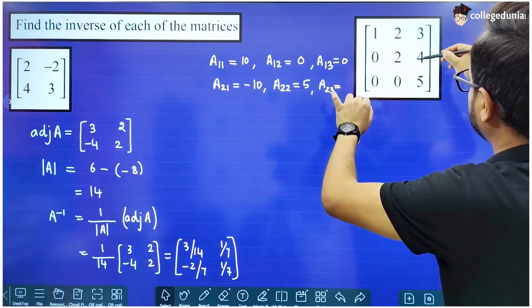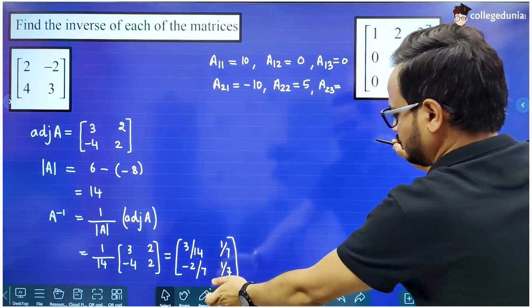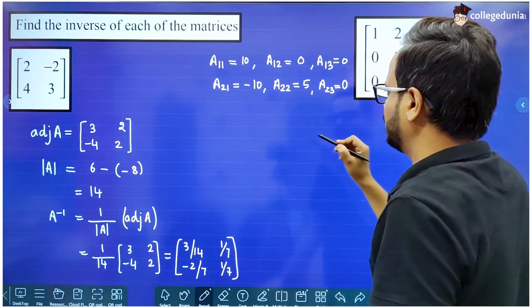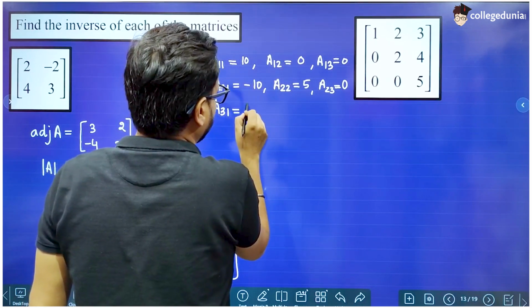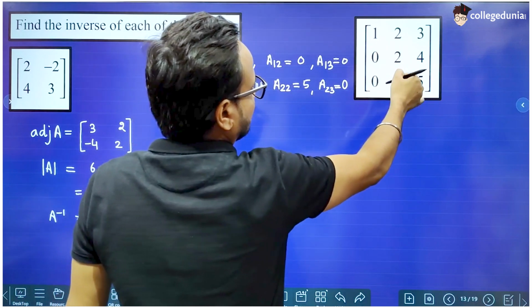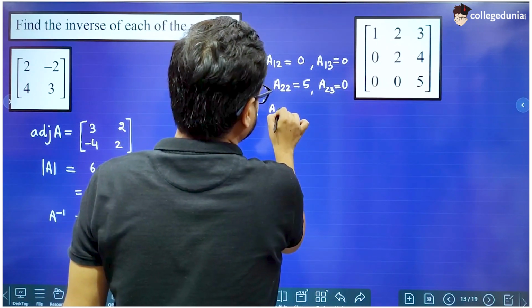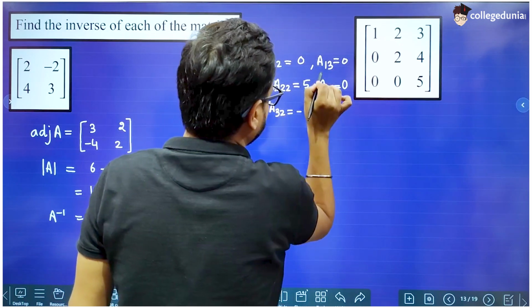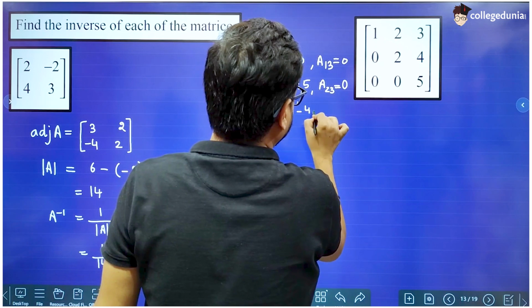A22 is 5 and this is 0. A31, positive, 8 minus 6, 2. A32, negative 4.